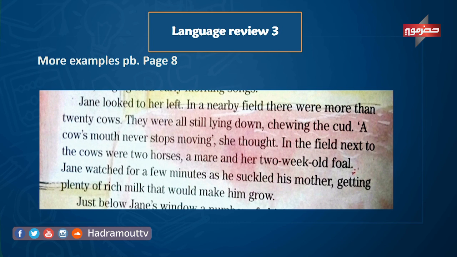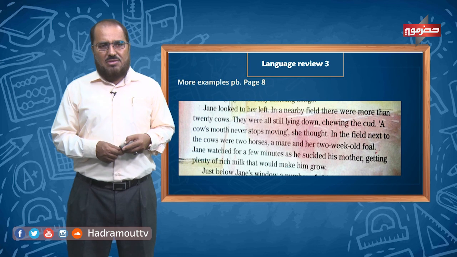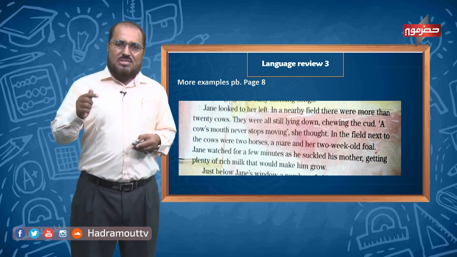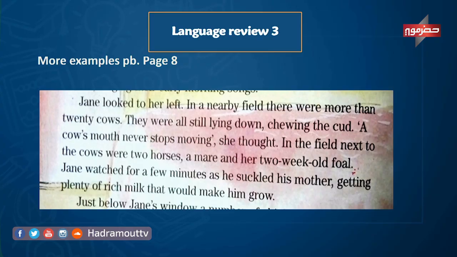In the field next to the cows were two horses, a mare and her two-week-old foal. Jane watched for a few minutes as he suckled his mother, getting plenty of rich milk that would make him grow. Is all of what we have read written by the writer or said by the writer?